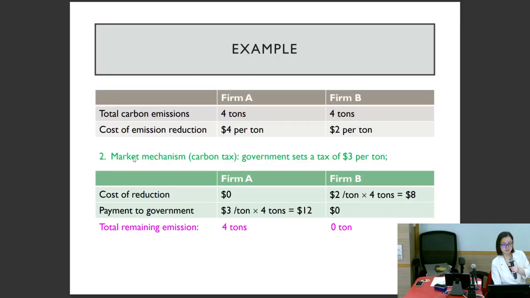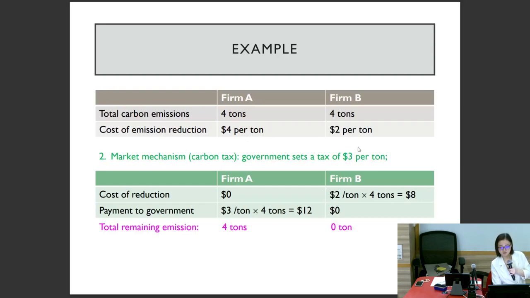Then for the carbon tax, the government sets a tax of $3 per ton. So you either reduce your emissions or you pay the tax. If you are firm A, the cost of reducing the emissions would be $4 per ton, and the tax is only $3 per ton.